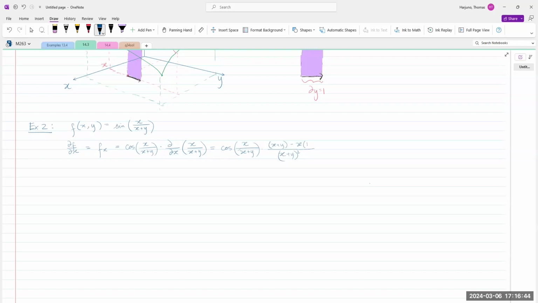The derivative of x plus y with respect to x will be just 1 plus 0, not 1 plus y. 1 plus 0. If I clean up, I get cosine x over x plus y, and then the second factor, the x will cancel. We have only y, y over x plus y squared.